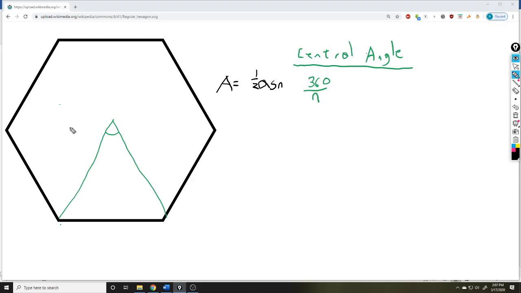Then we have one more catch, which is that, remember, when we did these triangles, we did 1/2 base times height. So we have to drop down a height, which will split the triangle in half. The angle that we actually care about is this angle right here.